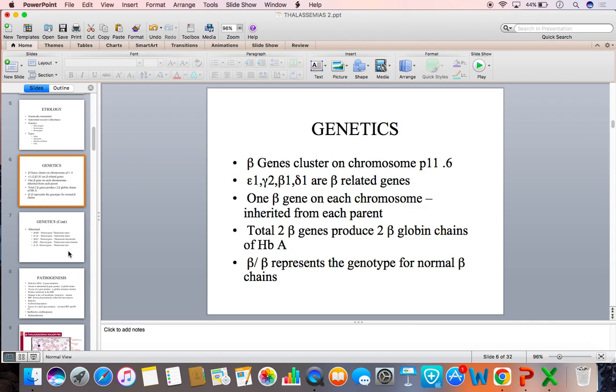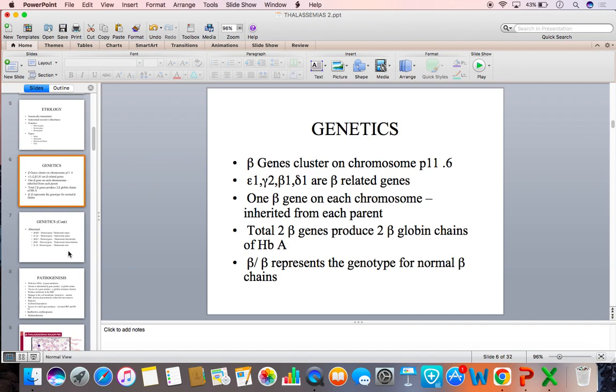So you please understand this in order to know the genes that control the production of globin chains. Beta globin chains are the products of beta genes. And there are two beta genes inherited, one from each parent.